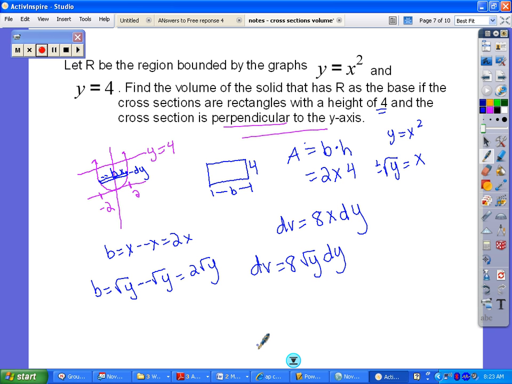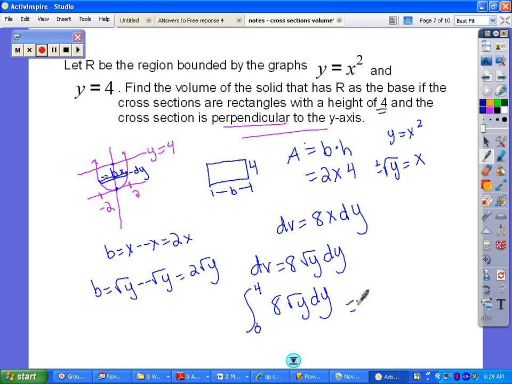Then we want to write the integral for the volume, so we're going to integrate 8 square root of y dy to add up the volume of each rectangle, and we need our bounds in terms of y. So we look at our y-axis: the lowest value is here, which is 0, and the highest value is here, which is 4. Then we can use our calculator to integrate this one.